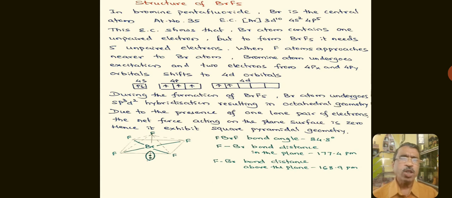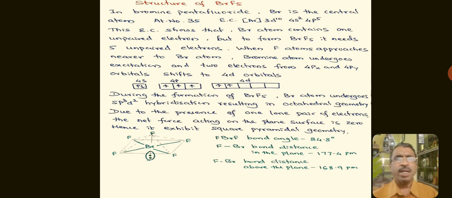During the formation of bromine pentafluoride, the bromine atom undergoes sp3d2 hybridization resulting in octahedral geometry. Due to the presence of one lone pair of electrons, the net force acting on the plane surface is 0. Hence, it exhibits square pyramidal geometry.